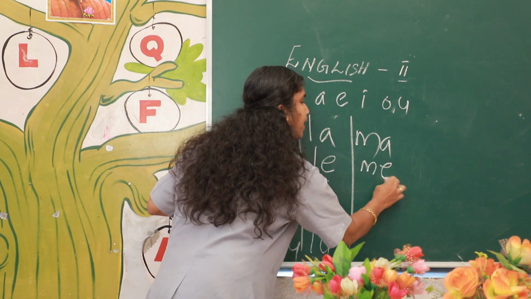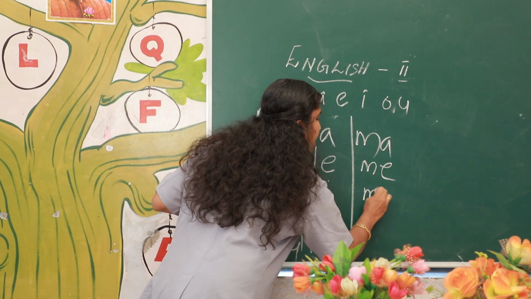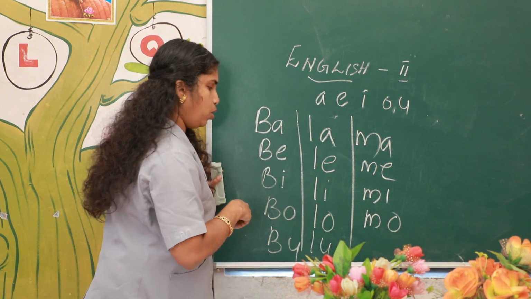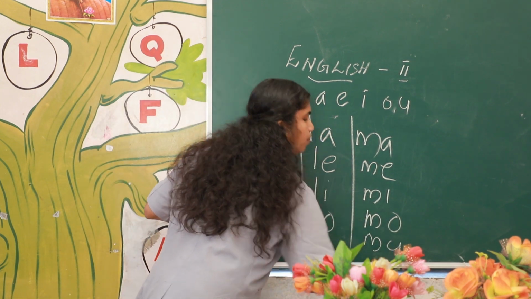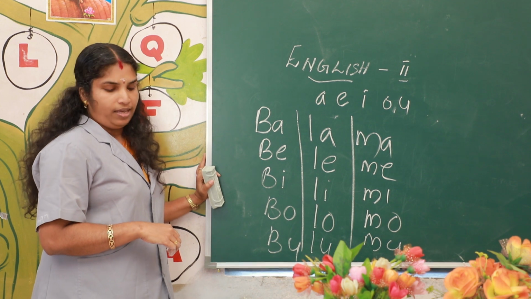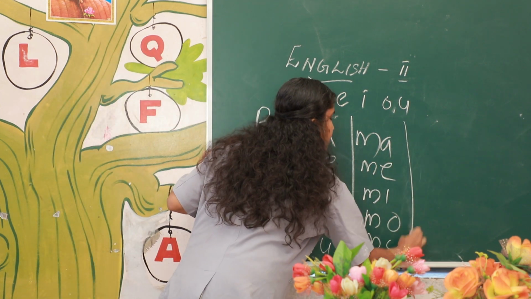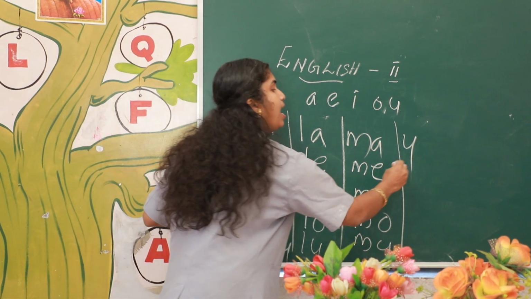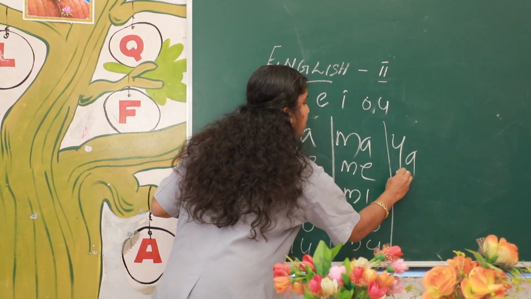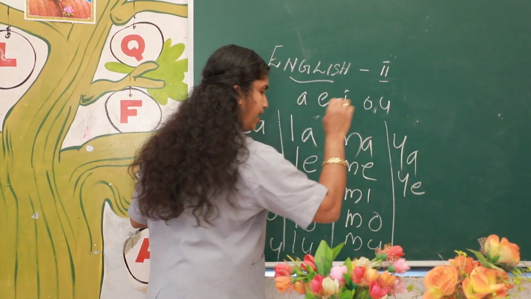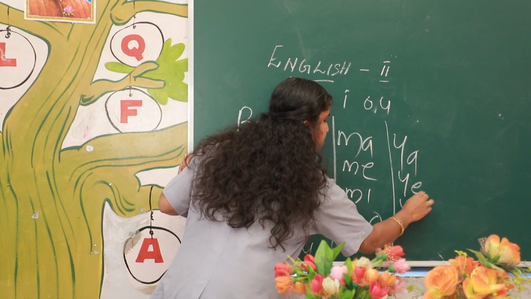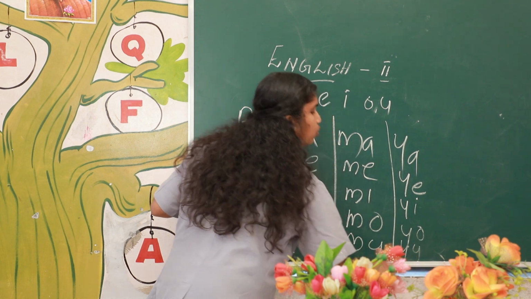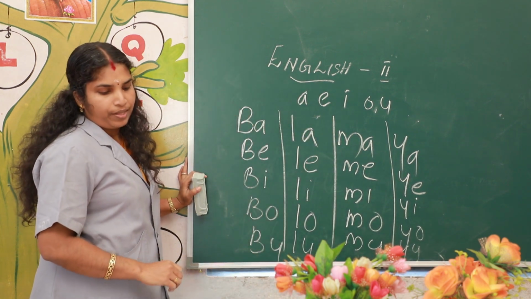M-E, may. M-I, me. M-O, mo. M-U, mu. Next, Y. Y-A, ya. Y-E, ye. Y-I. Y-O, yo. Y-U, you.